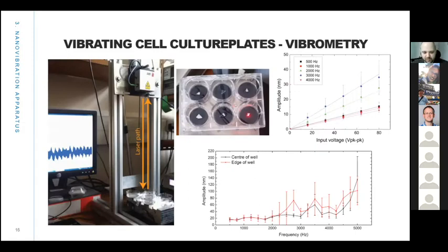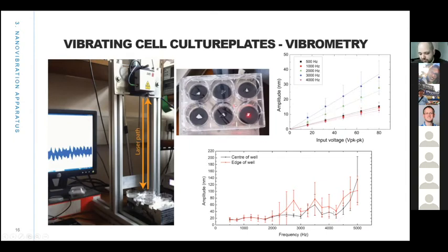We've backed up the modeling with laser interferometry again, and we've used laser vibrometry to measure this at the cell culture surface using these attached pieces of silica, and you can see that with the response to input voltage, we can very easily control the amplitude of the vibration.